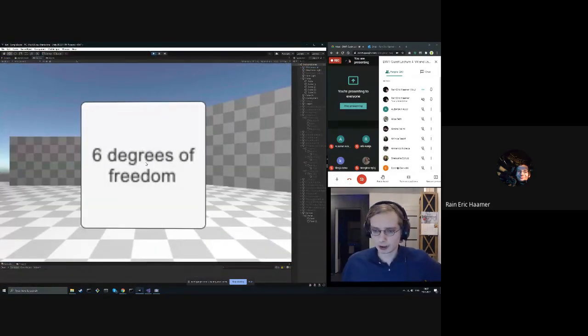Now, when going into virtual reality, compared to traditional media, in traditional media, you have 2 degrees of freedom. You have up and down, and you have left and right. In virtual reality, you have a couple extra degrees there. 1 degree you have is forward and backward.